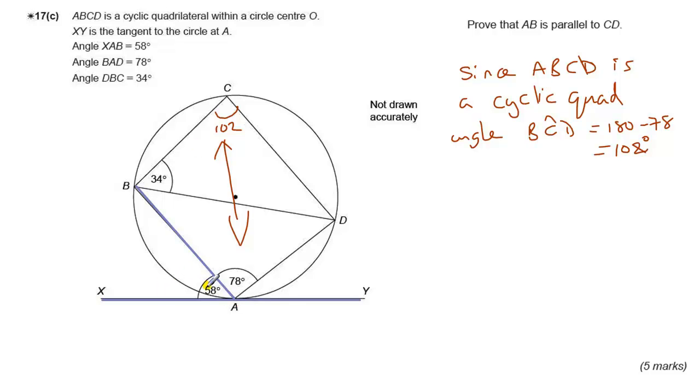then this angle here, 58, that's touching the tangent and the chord, is also the same as the angle formed in the alternate segment. So this is the segment, if you like, that this angle touches the chord.